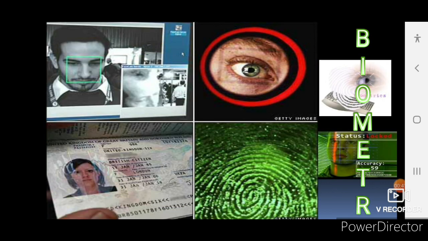This slide shows different biometric recognitions such as facial recognition, iris recognition, fingerprint recognition, and so on.